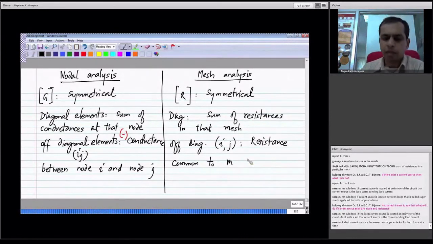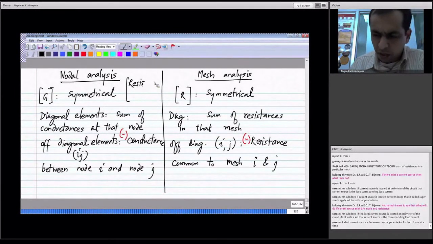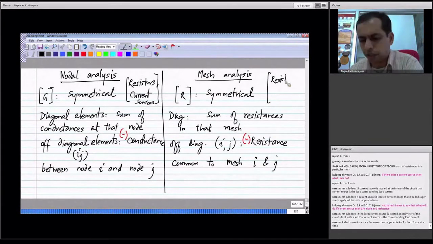So by the way, all these are true when you have only resistors and current sources in nodal analysis and resistors and voltage sources in mesh analysis.